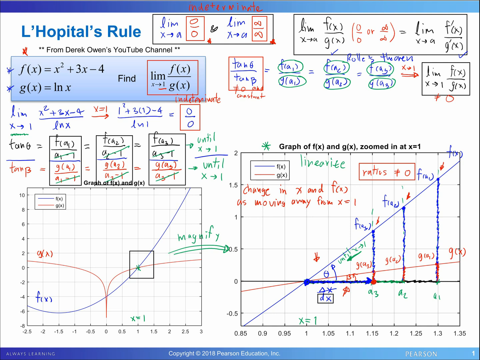At this point, we are going to observe the change in function value compared to the previous point. Before we took the step, we were right here at this point, x equal to 1. And the function value right here, f of 1, is equal to 0. At the new point, the function value has changed to f of a3. Which means that the change in the function value is going to go from here, f of 1, to f of a3.